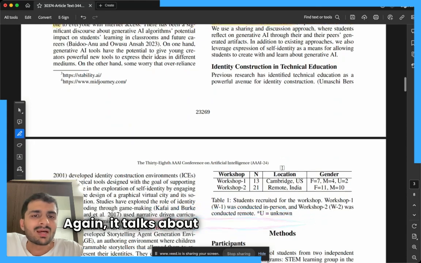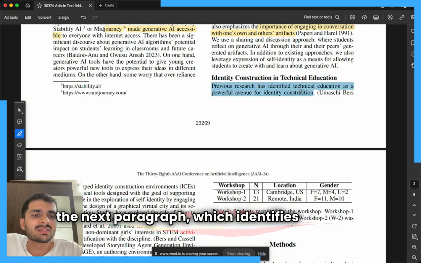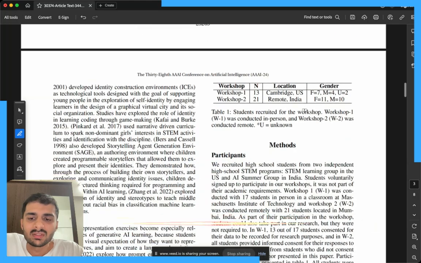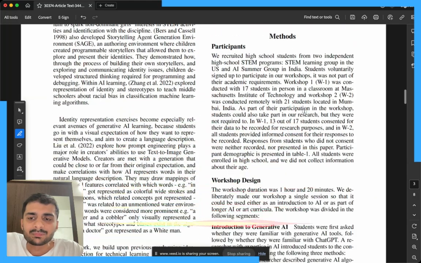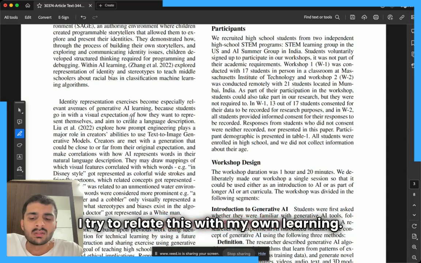Again, it talks about identity construction in the next paragraph, which identifies technical education as a powerful avenue for identity construction. I try to relate this with my own learning.